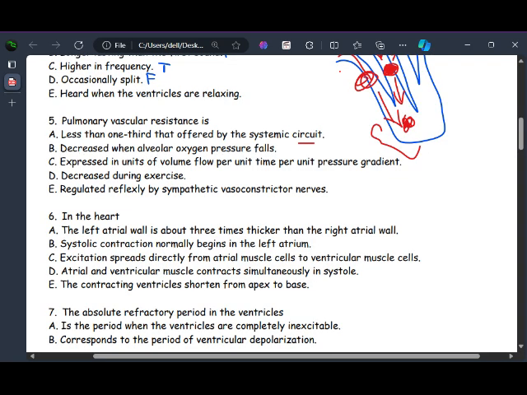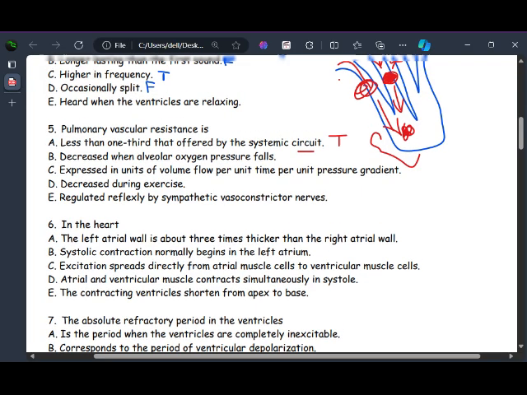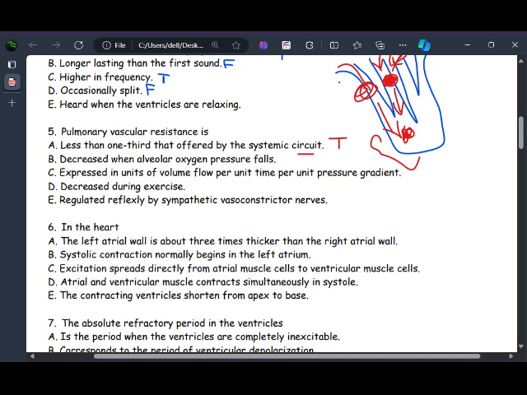Then B, decreased when the alveolar oxygen pressure falls. This one is false, because a decreased alveolar oxygen pressure actually causes an increase in pulmonary vascular resistance.